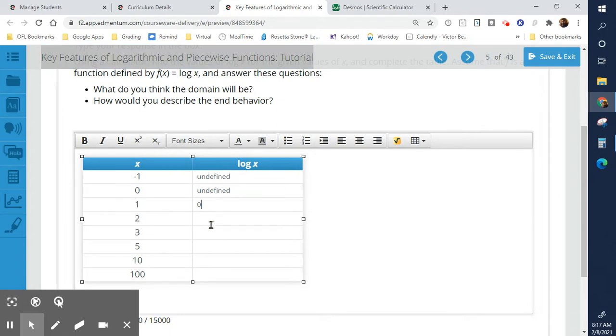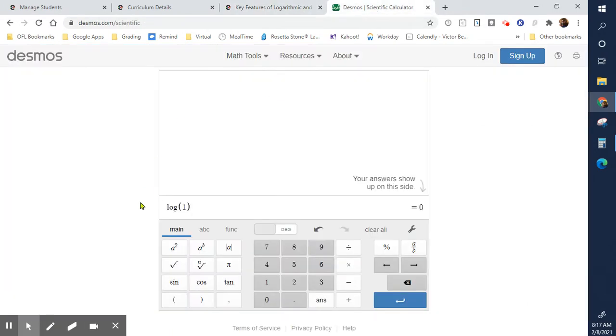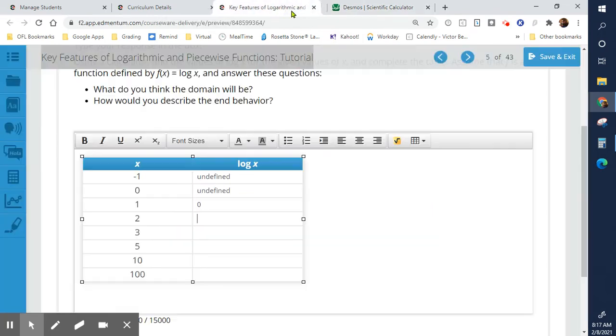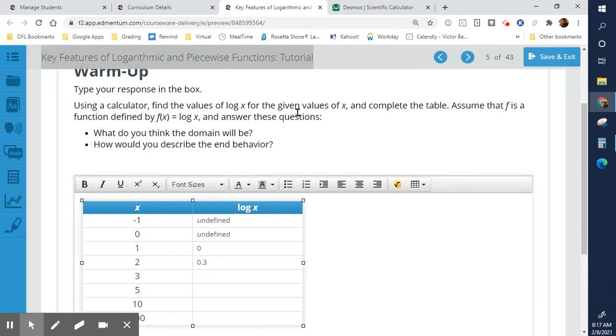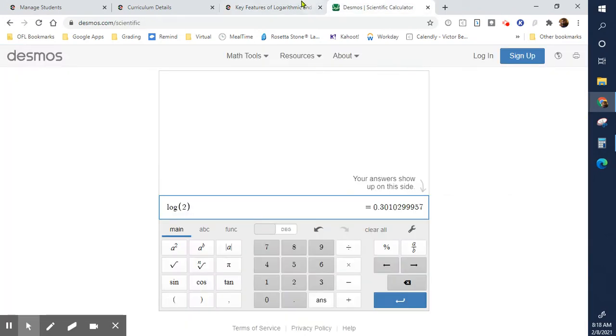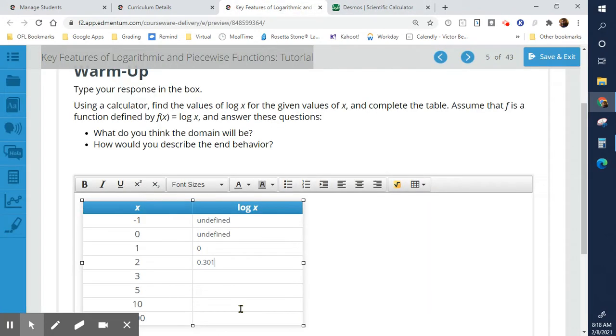All right, so this is going to be 0. And now I'm going to plug in 2. Now, it's really hard to mathematically prove why it's this fraction. I'm going to do 3 decimal places because they haven't given me any parameters.